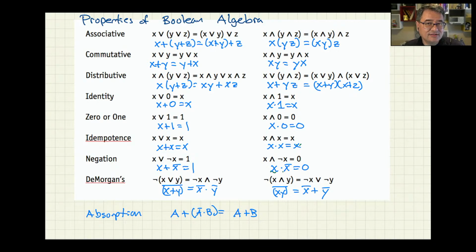Once in a while, somebody tells me that one or a couple of these properties has a different name than what they found on the internet. That may be true, particularly for things like idempotence in the 0 or 1. Sometimes this is called positive or negative, or and or something like that. It has a slightly different name, but it's the same property. Okay, so hopefully you had a chance to write these down.